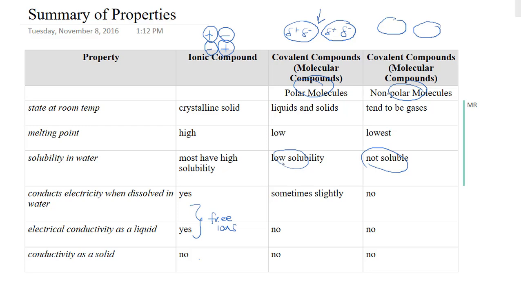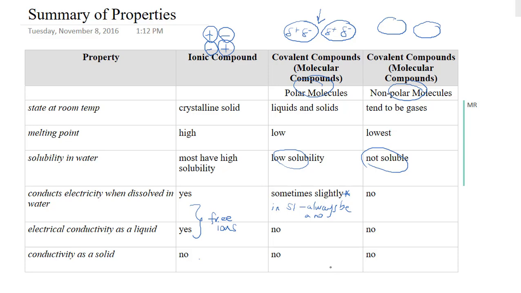Their solubility is going to be a little bit lower because the attractions are not going to be as strong to water as with ionic compounds. And they won't tend to conduct. This one here, we put sometimes slightly, but in senior one chemistry it will always be a no. So you don't need to worry at this stage that there are some molecules that will conduct electricity when they're dissolved in water, or they will be electrolytes.